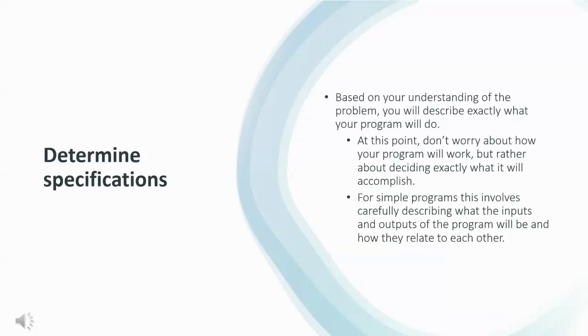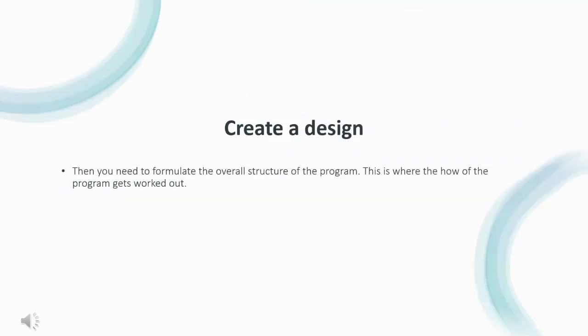For simple programs, this involves carefully describing what the inputs and outputs of the program will be and how they relate to each other. Then, based on the specifications, create a design. Then you need to formulate the overall structure of the program. This is where the how of the program gets worked out. The main task here is to design the algorithms that will meet the specifications.